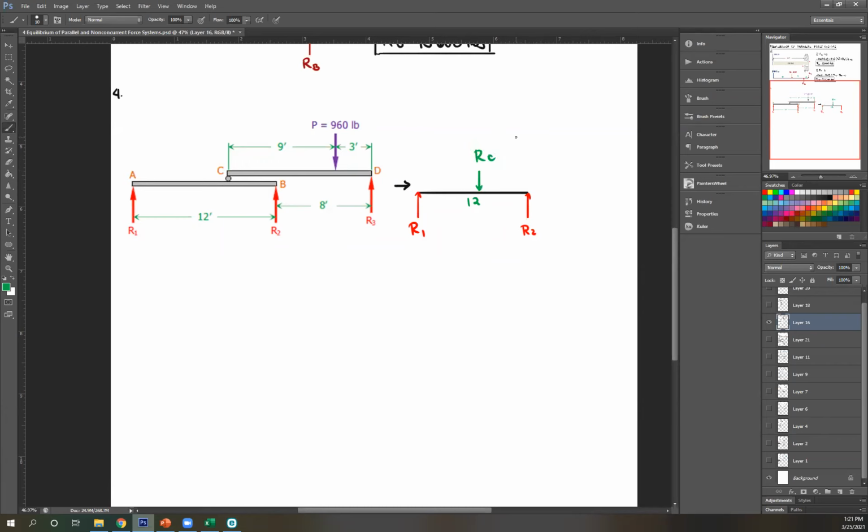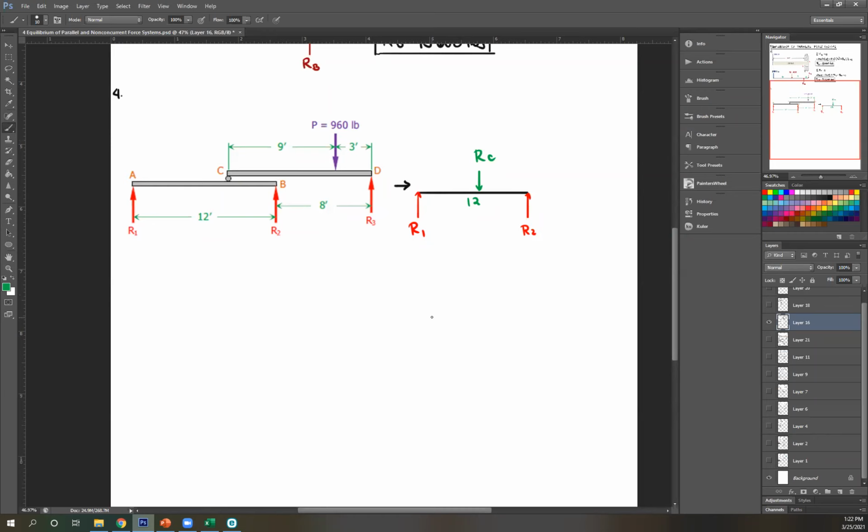So can anybody tell me, where should that RC be so that R1 is equal to R2? Once again, where should this reaction be so that R1 is equal to R2? Considering our equation moment equals 0 and forces equal 0, where should this be?